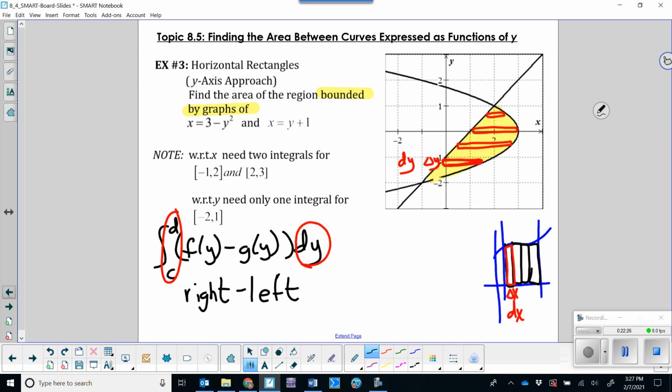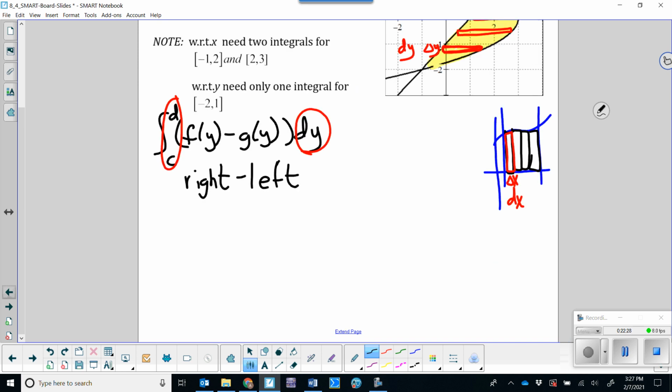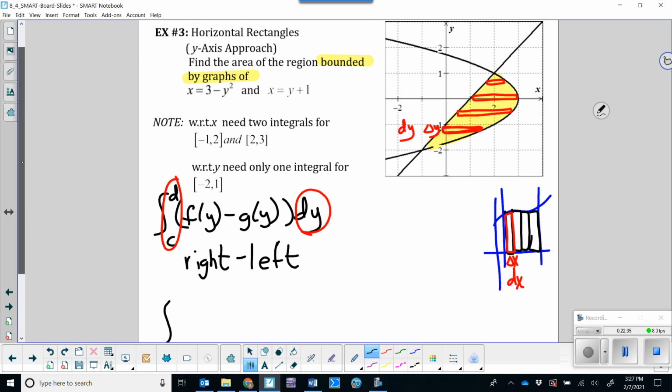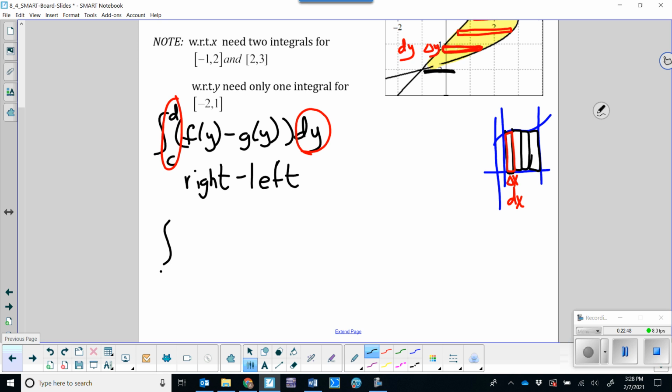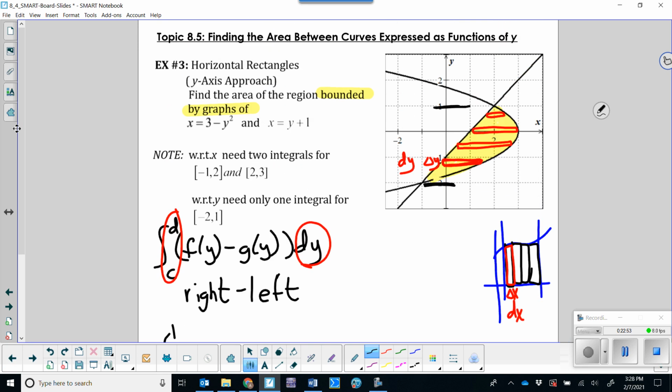So let me extend the page here so I can go ahead and do the problem. So for this example, we are integrating, so we need to look at the graph and see where the y values are for our limits of integration. So that would be from -2 to 1. Okay, so that's where we integrate. So I'm going to integrate from -2 to 1. And then the function on the right is 3 minus y squared, because it's a sideways parabola.